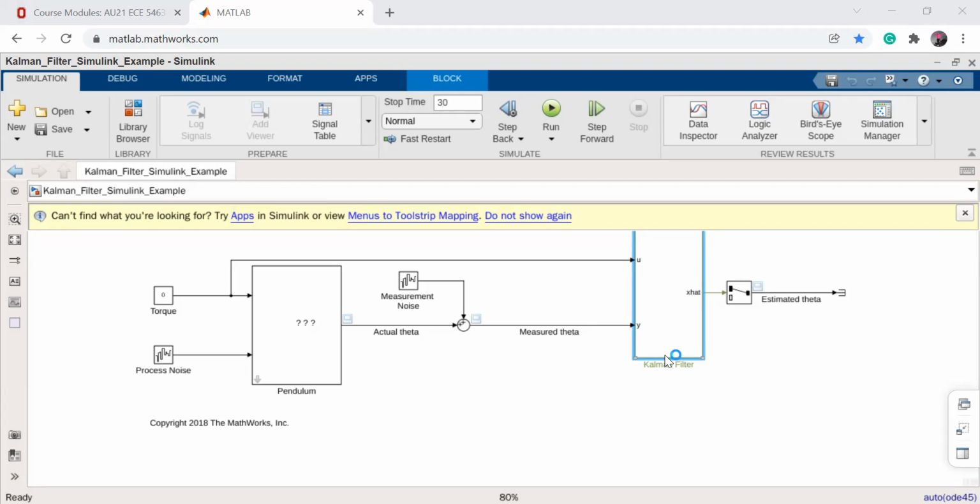So we introduce noise to the actual system. You'll see that the estimate is not a flat line. It has some noise in it, right? Because it's the estimation of a nonlinear system. For a nonlinear system, you cannot get exact values.